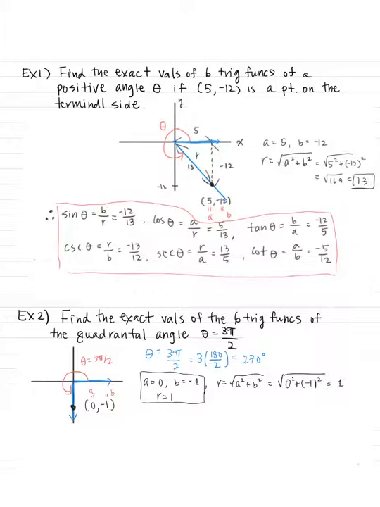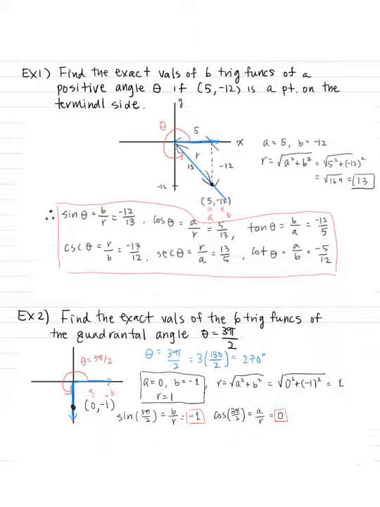All right, so that said, I hope I have enough room to answer this. Sine of theta, theta is 3 pi over 2. Sine is b over r, so this is -1. And then cosine of 3 pi over 2 is a over r, so you got 0 over 1, which is just 0.